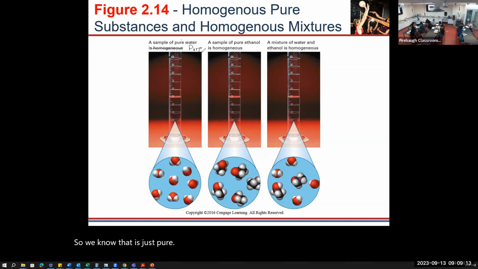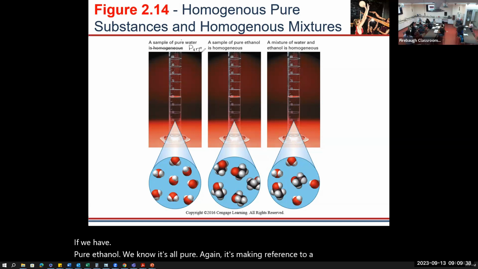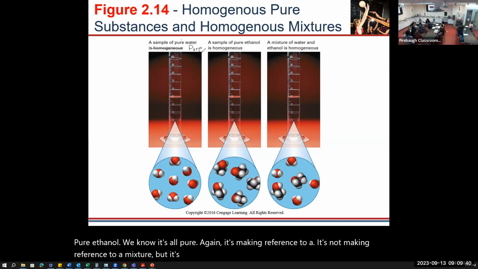Again, homogeneous makes reference to mixtures. And that's one of the typos that were in the books. Okay, so then the next thing is, if we have pure ethanol, we know it's also pure. Again, it's not making reference to a mixture, but to a pure substance. So that would be another example where we would just say pure.